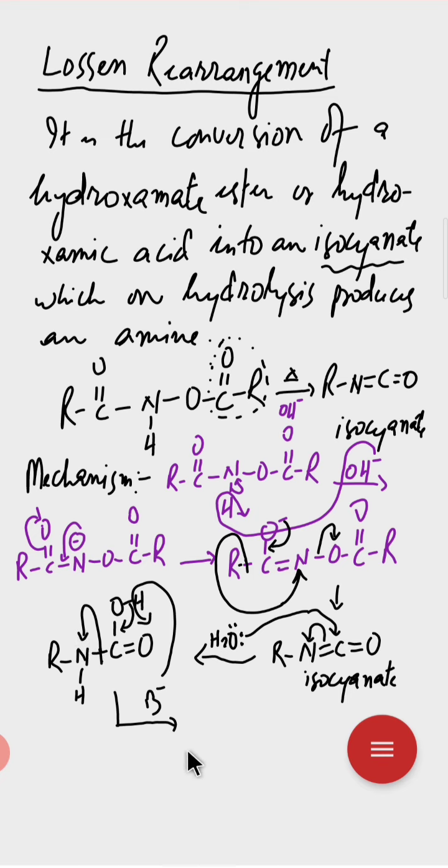Okay, so we will get this RN minus, and to this N minus one hydrogen atom will be attached. So we will get RNH2, and the removal of carbon dioxide takes place in the form of gas, and we get our primary amine, right? This is our Lossen rearrangement, right?